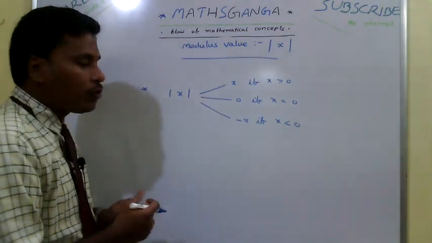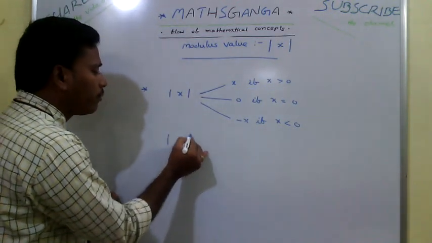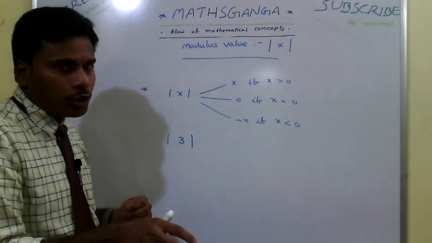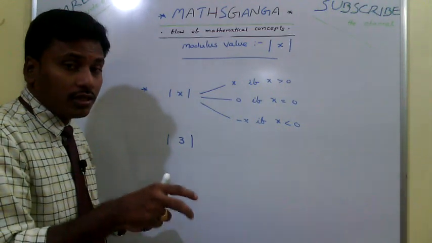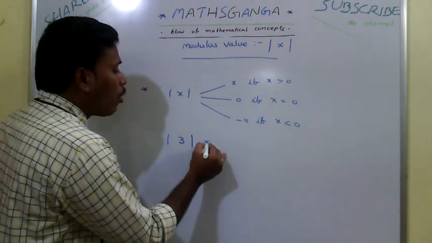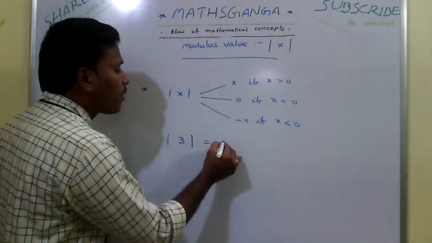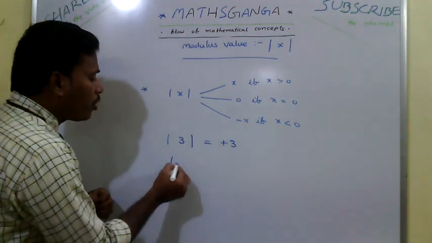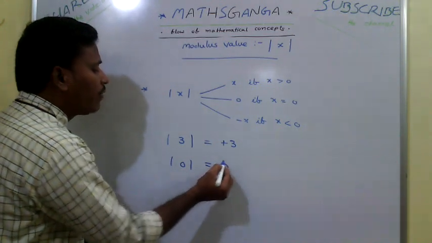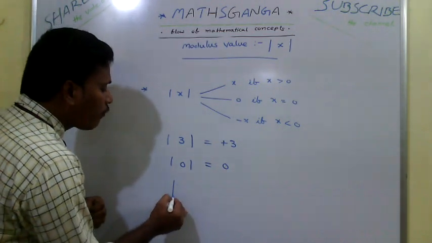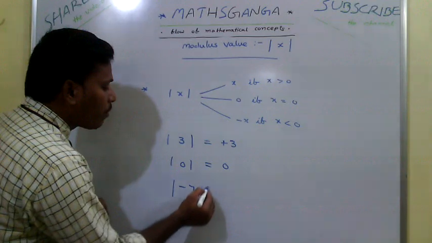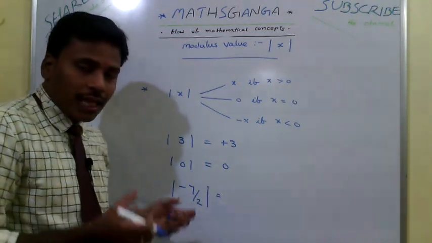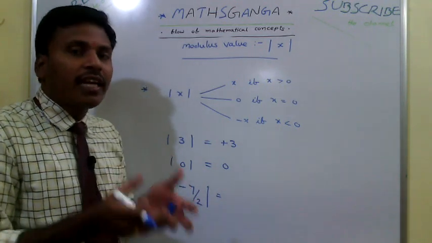For example, if you see modulus of 3, what is my input? 3. 3 is a positive number. Since our input 3 is positive, the modulus multiplies this 3 with plus and gives us the result as plus 3. If our input is 0, then the modulus directly gives us 0. Whereas if our input is minus 7 by 2, that input is negative.